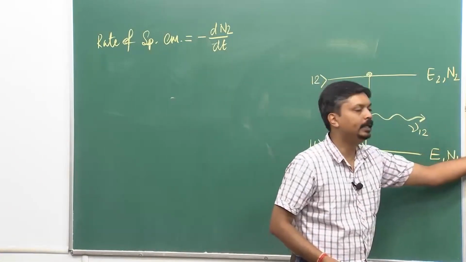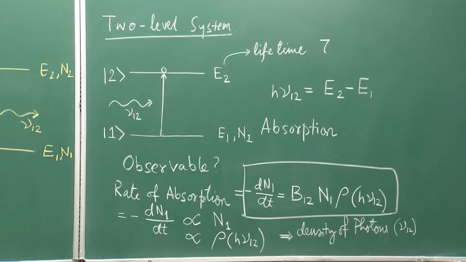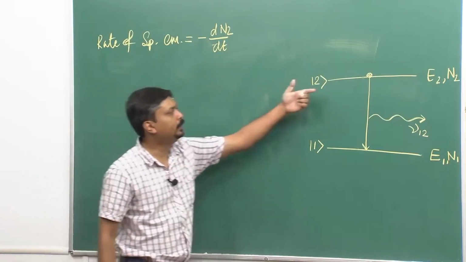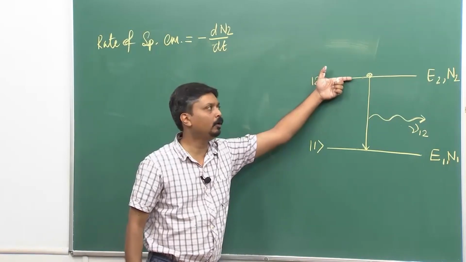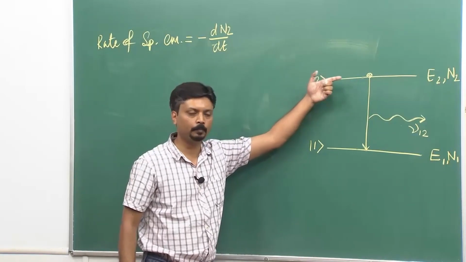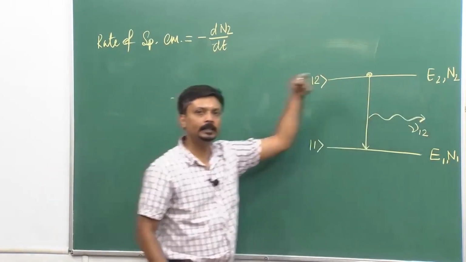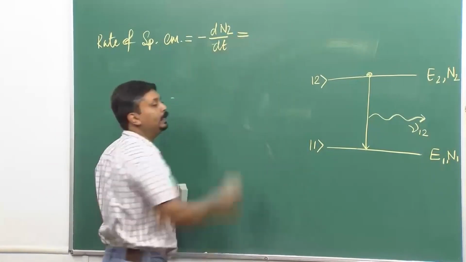In absorption, we dealt with the change of population of the ground state, and here for spontaneous emission we are dealing with the change of population of the excited state, that is state 2. So the number of atoms in state 2 is N2. The change in N2 with time is my rate of spontaneous emission.